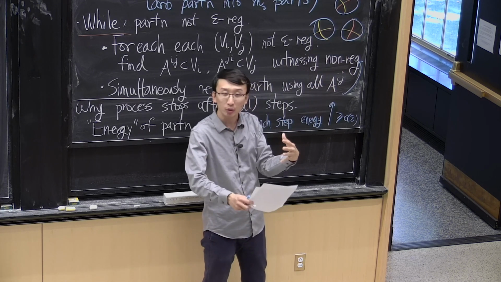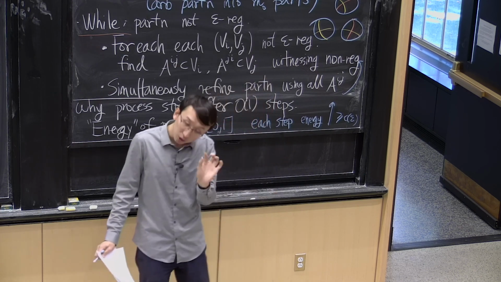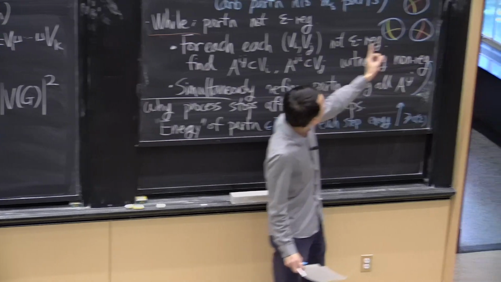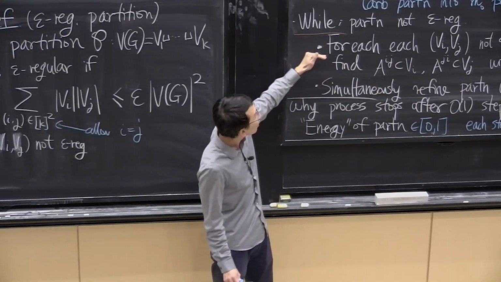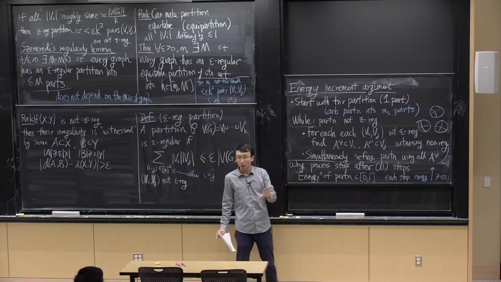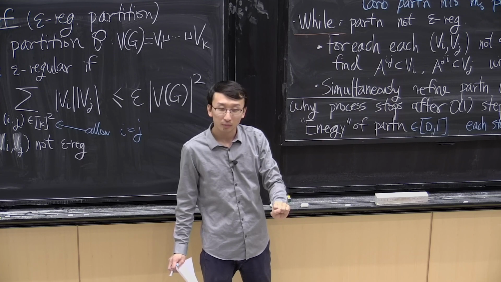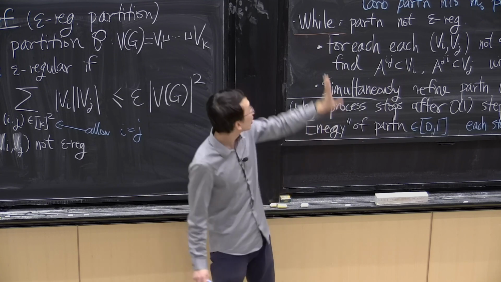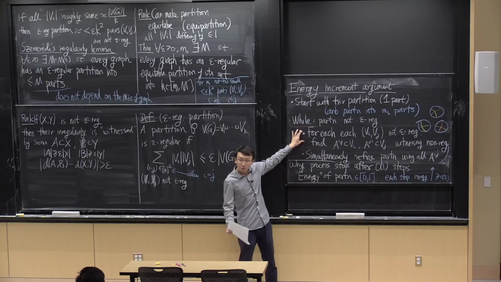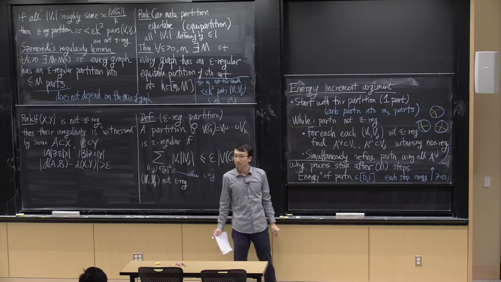You will see in the proof, and this is a very important and somewhat subtle point, that I do not refine at each step when I find a pair of witnessing sets. I find all of these witnessing sets at the same time, and I refine everything all at once. So if you do have overlap between two witnessing sets, that is okay, because this step doesn't care. We'll see the proof.